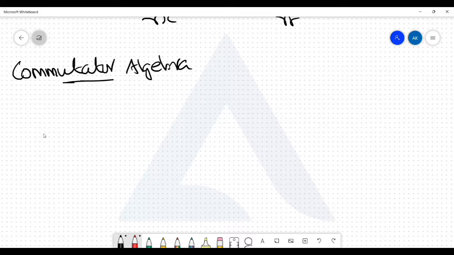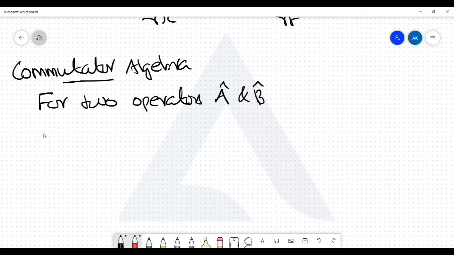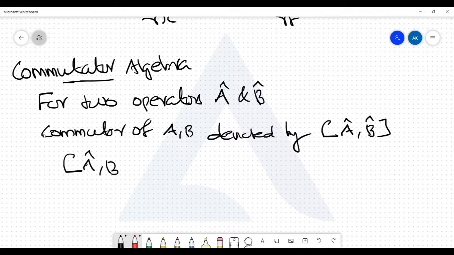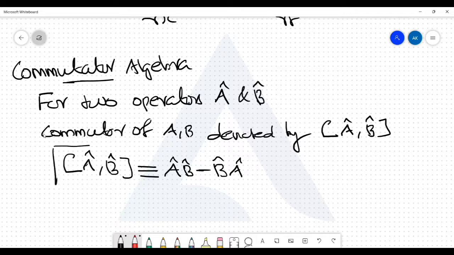For two operators, operator A and operator B, the commutator of A with B is defined as AB minus BA. This is a definition of the commutator of A and B.